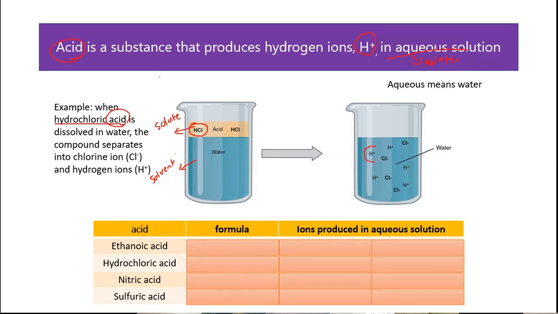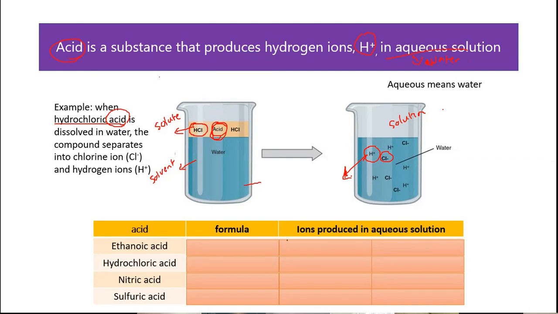The positive ion is hydrogen ions, and the negative ion is chloride ion. H plus and Cl minus will separate in the acid solutions. When the substance produce H plus, we can make a conclusion. This substance is an acid because it produces H plus.